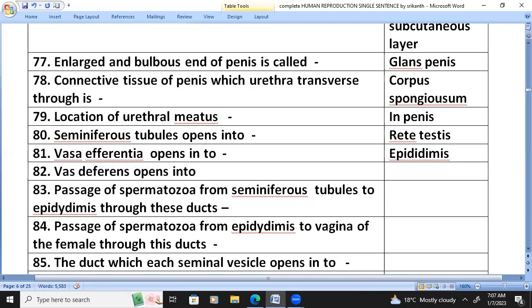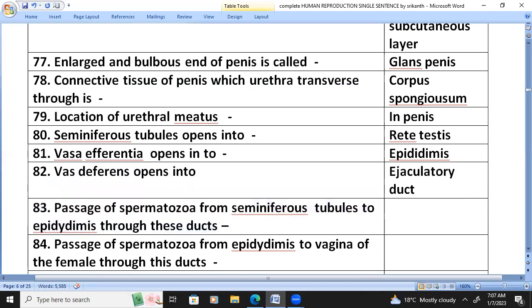Vas deferens opens into ejaculatory duct. Passage of the spermatozoa from seminiferous tubules to epididymis through these ducts: it starts from rete testis, then from the rete testis to vasa efferentia.